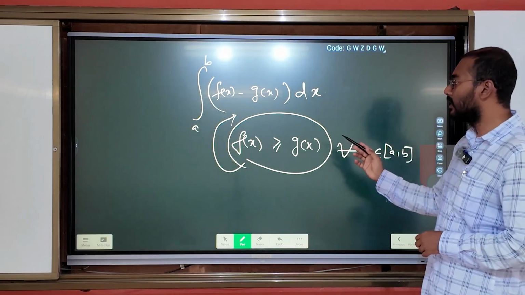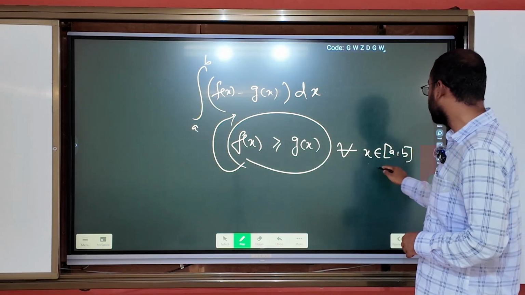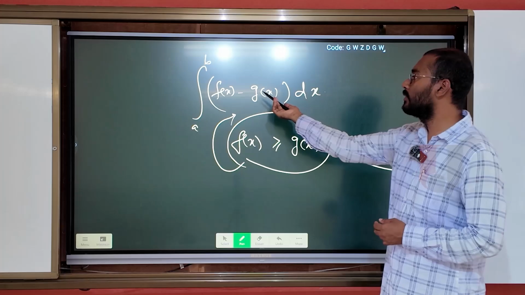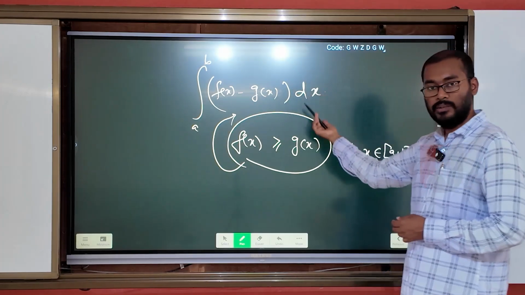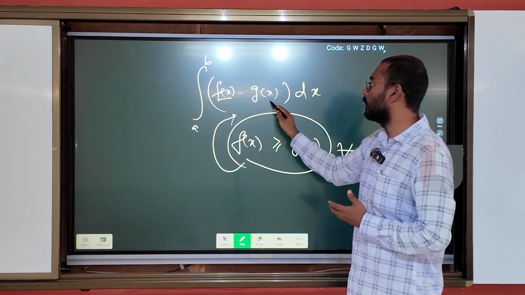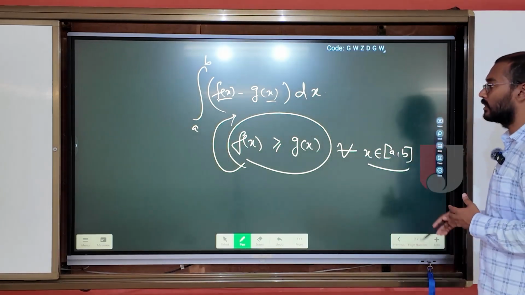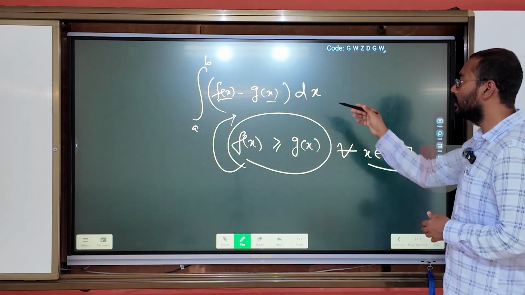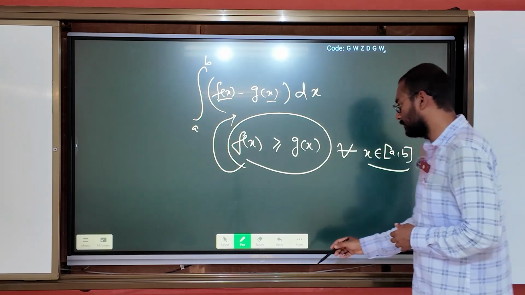If g(x) is greater than f(x) for all x belonging to [a, b], that time our formula changes to g(x) minus f(x). Means whichever is larger should be first and the smaller portion should be subtracted. So that is the formula for computing the area under two curves.